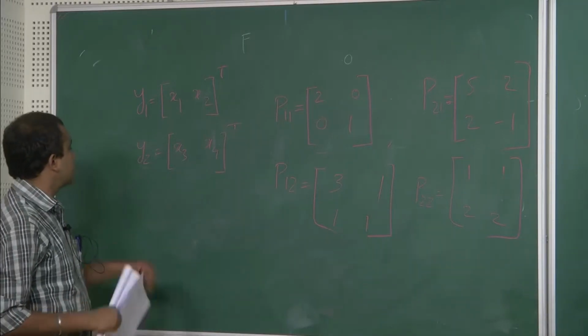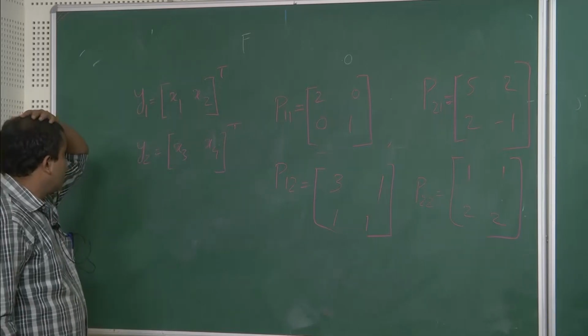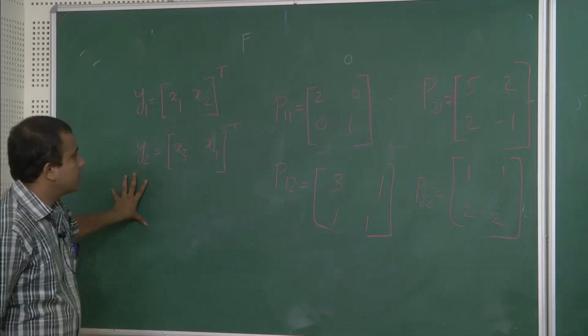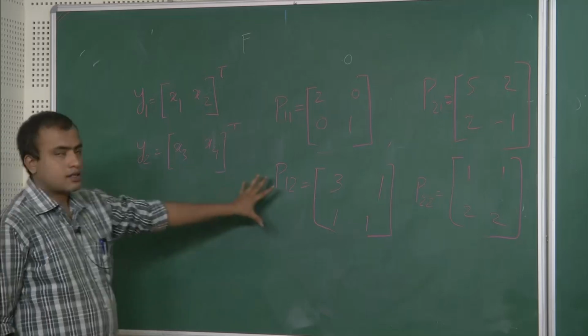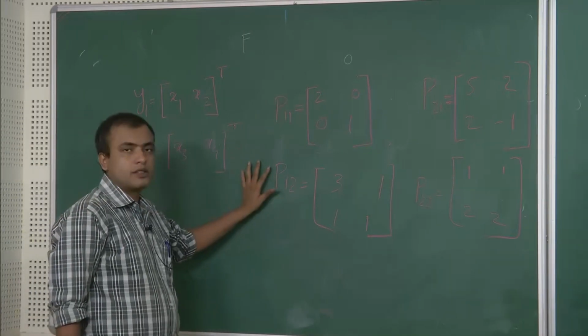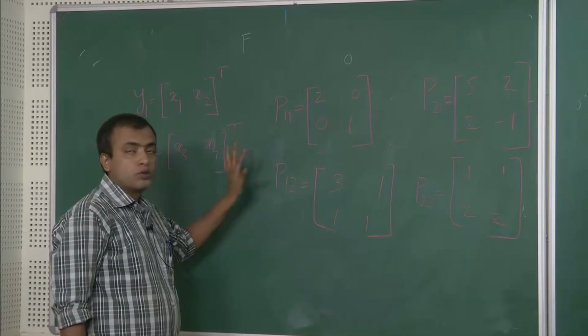You see, as I said, if we needed a 4 cross 4 matrix there would have been 16 entries. Here there are also 16 entries divided in 4 matrices, 4 2 cross 2 matrices.